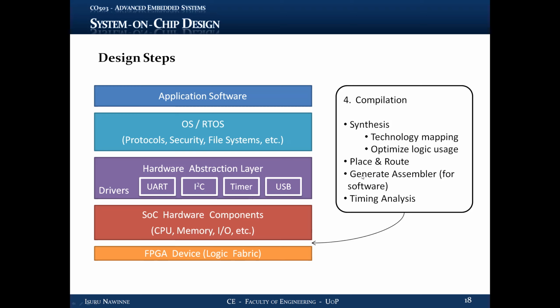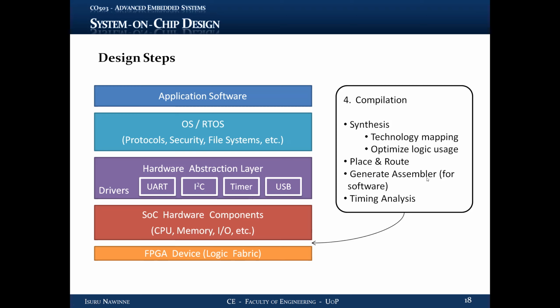Then the next step is generating an assembler. You have a system on chip containing a CPU, a soft processor. In order to run programs on that processor, you need an assembler. So you can write assembly programs and run them on the processor, or even convert from a higher level language like C into assembly and then into machine code.